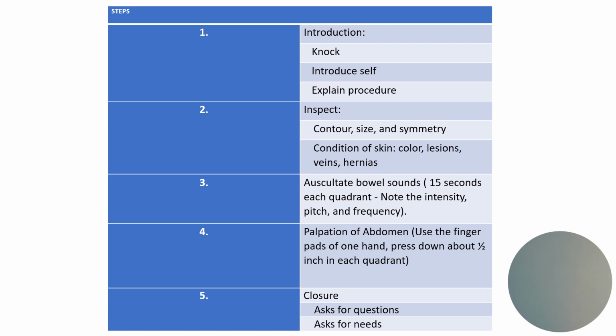Do not continue palpating. If we were to continue palpating, we could potentially cause damage to the client. We as nurses do not continue to palpate if the client reports pain once we start.